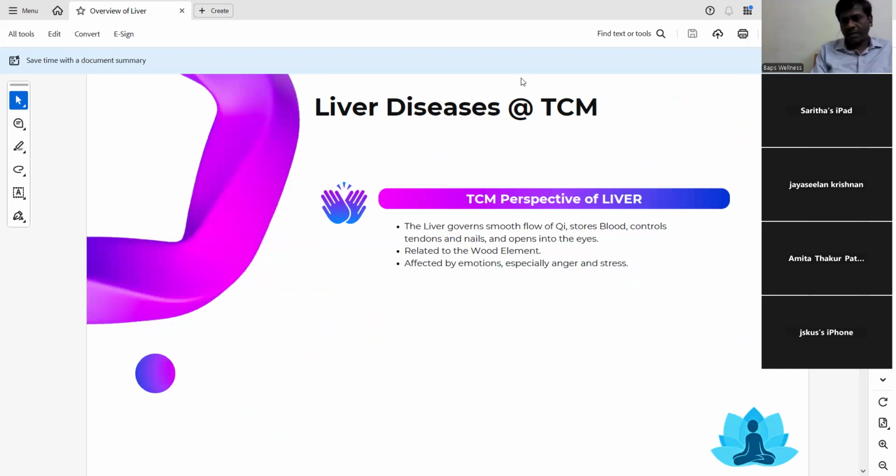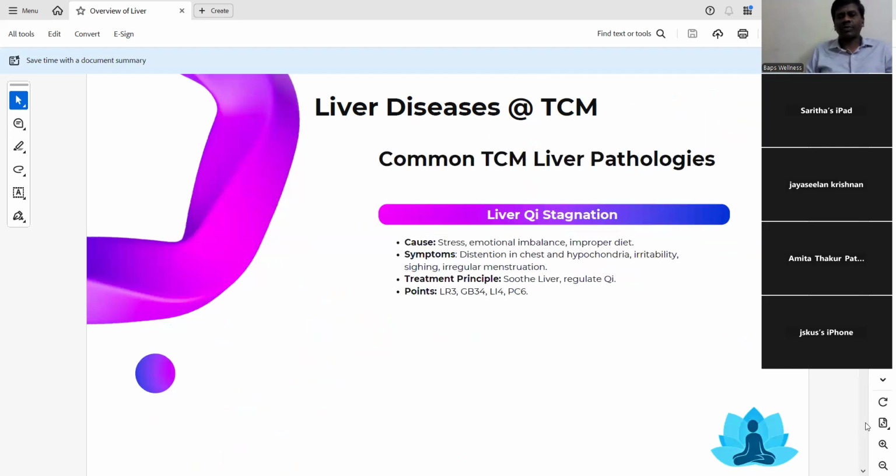Now let us see some patterns that are involved. One is chi stagnation in the liver. What are the causes? Stress, emotional imbalances, and improper diet lead to liver chi stagnation.